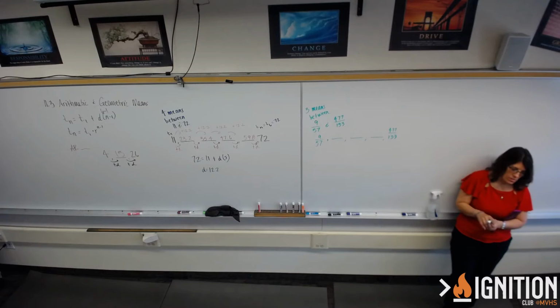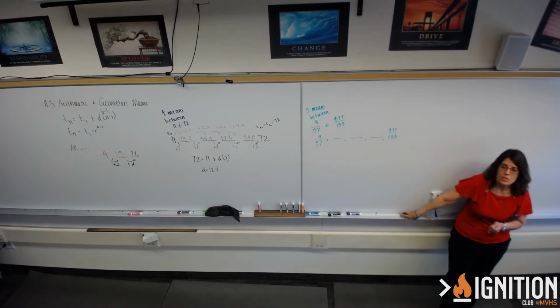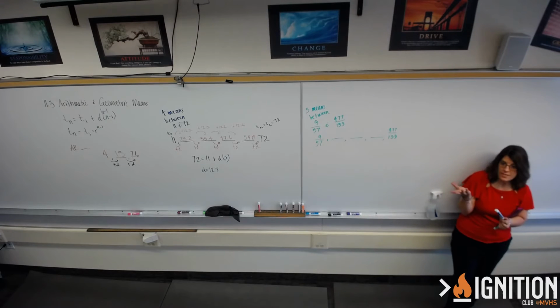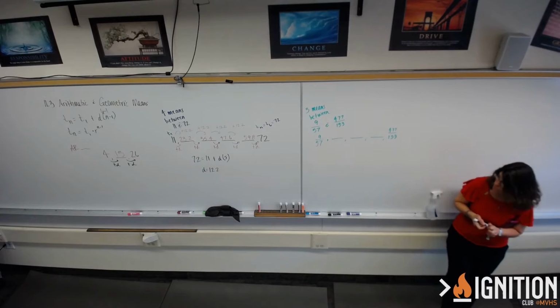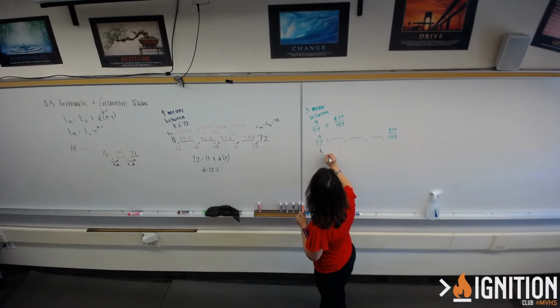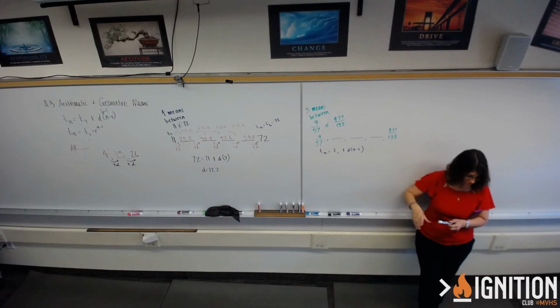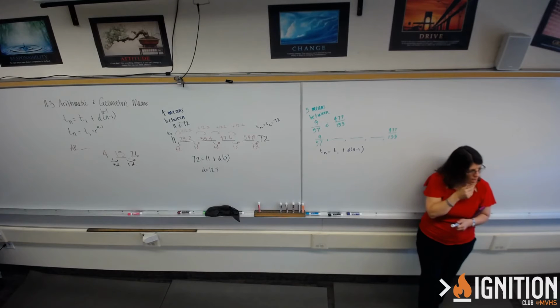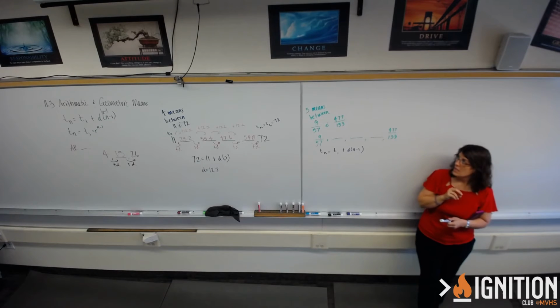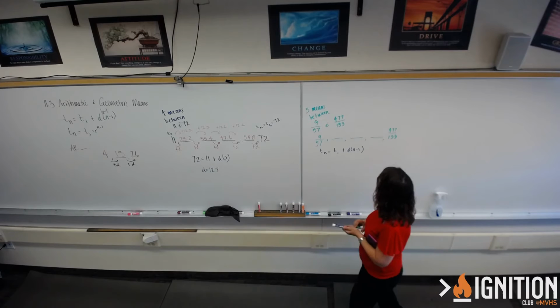Where should I start? We've got to find D. We can't do anything without finding D. If I were you, I would take it in my quiz or my test. When I write answer keys, I always write down the formula. So here we go. What is T sub n? What's the value of the nth term? 477 over 133.